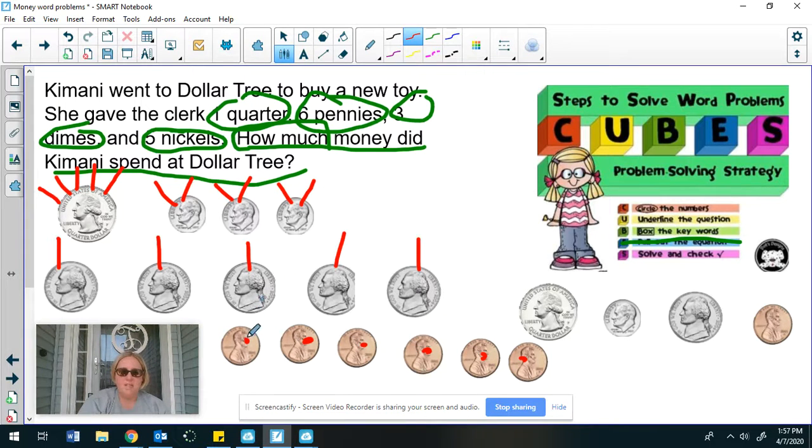Moving on to ones, 81, 82, 83, 84, 85, 86. So Kamani spent 86 cents at Dollar Tree.